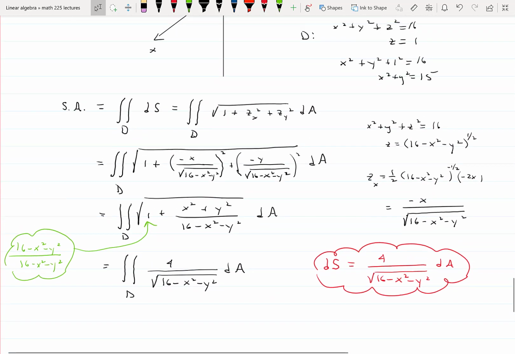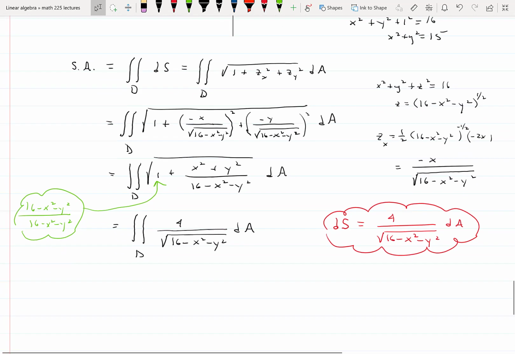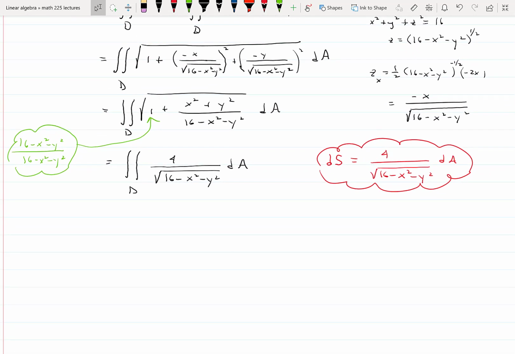We're integrating over a circle, D, and x squared plus y squared is r squared. So it seems natural to go directly into polar and convert this into a doubly iterated integral in polar coordinates. So I'm going to do that right away.